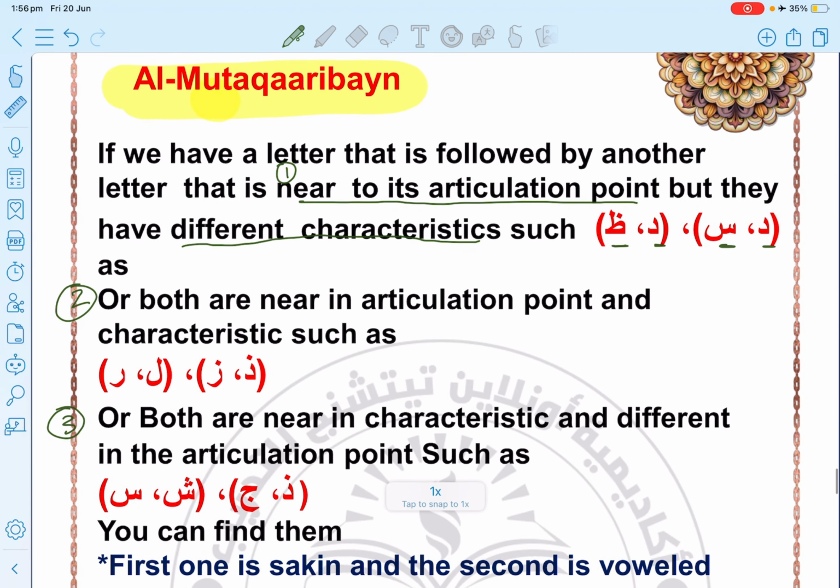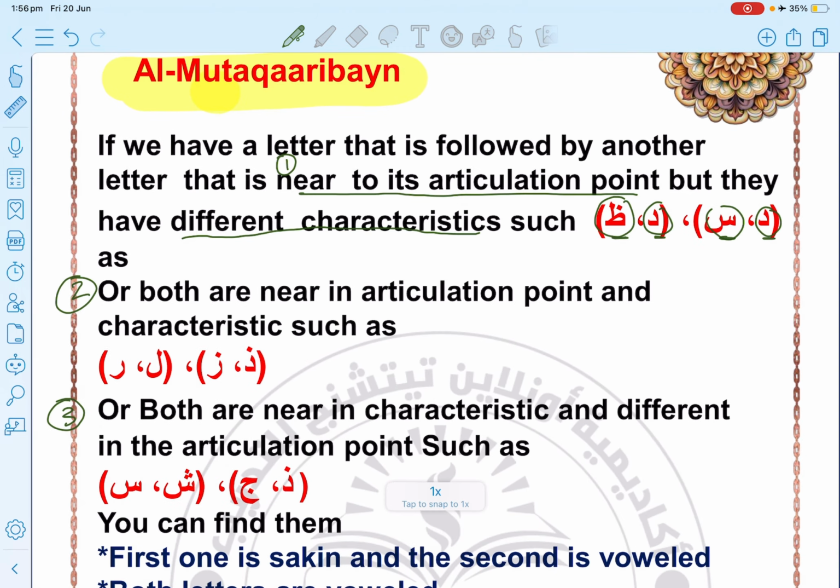They are near to each other in their articulation points, but they have different characteristics, such as dal and sin and dal and la.